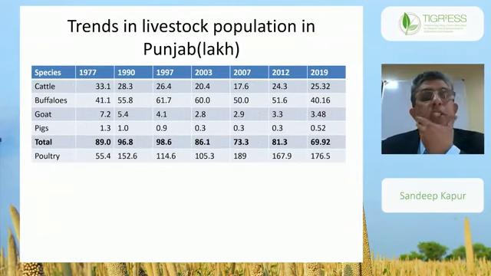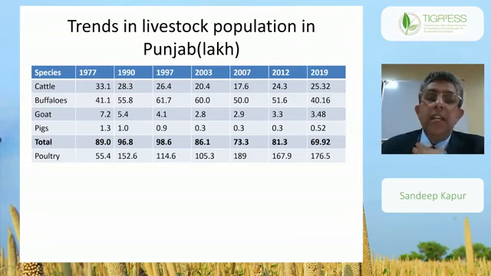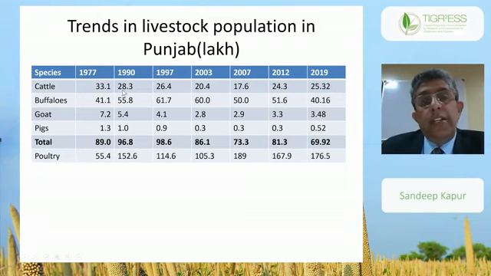So if you see the trends in the livestock population, again, the trend is on the upward side. Look at the cattle, from 33 lakh heads, now we are about 25. The reason for the decline here is that a lot of unproductive animals are being removed from the system.